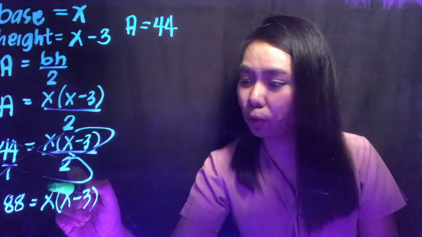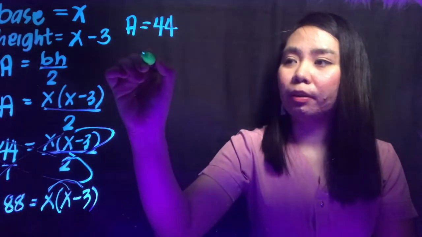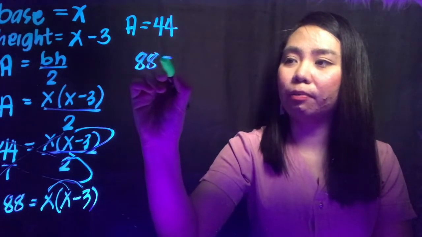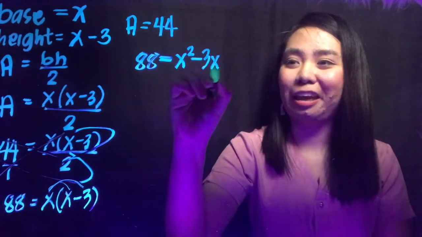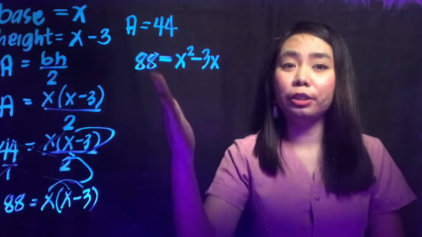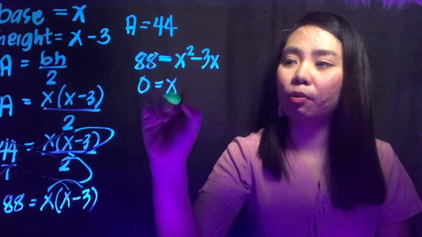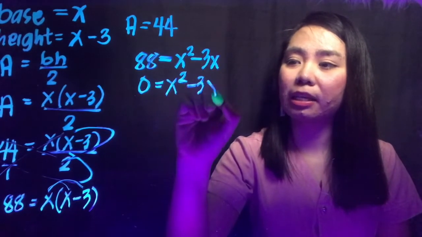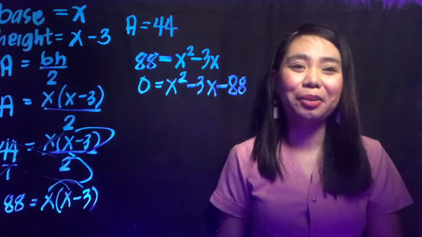We just have to distribute x to x and negative 3, giving you 88 is equal to x squared minus 3x. To continue solving, we just have to put everything on one side. Therefore, you have 0 is equal to x squared minus 3x minus 88. And now we have our quadratic.